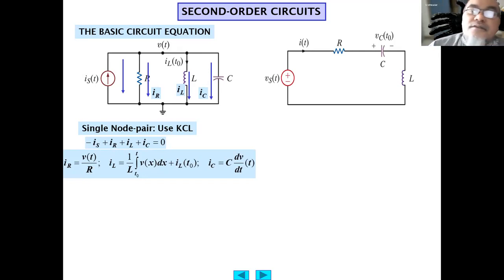The current through the capacitance can be expressed using the differential form of the capacitance law: IC equals C dV/dt.